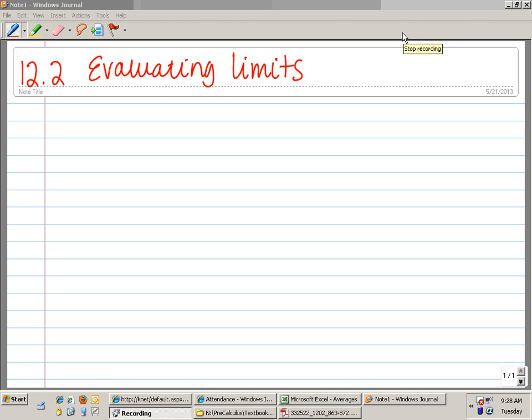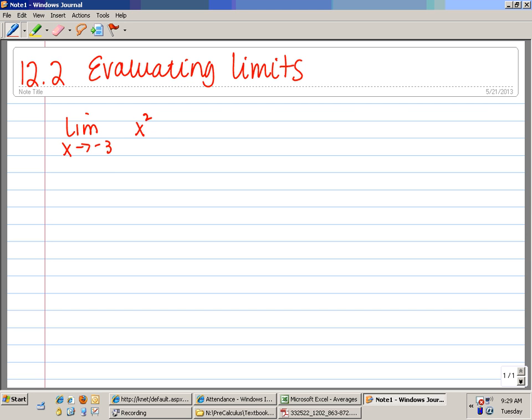We're evaluating limits. So thus far we've used direct substitution, or direct distribution. Think of something like this: the limit as x approaches -3 of x squared plus x minus 6 over x plus 3.